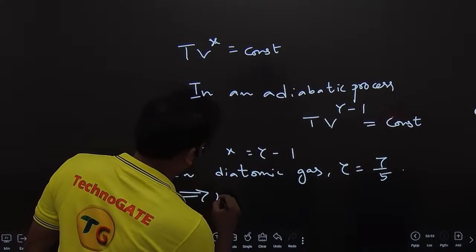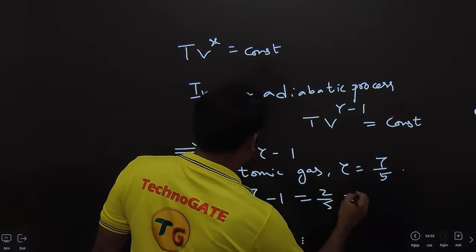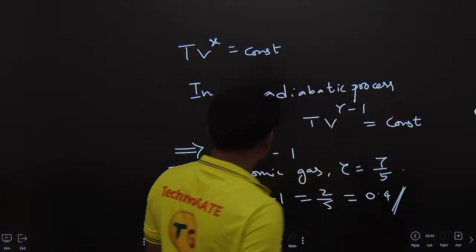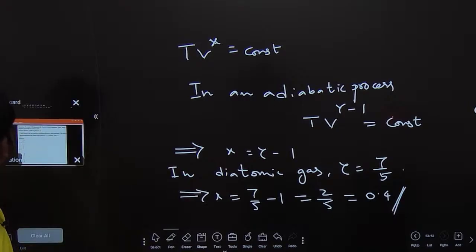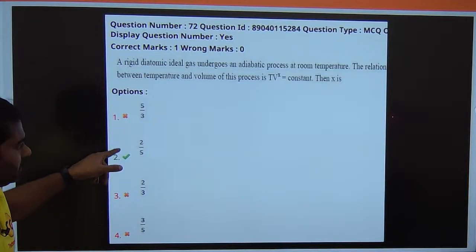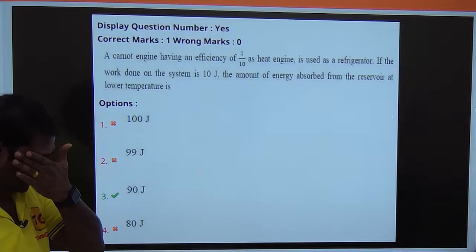So we are getting the x value as 7/5 minus 1, which is 2/5. So the x value is 0.4. That's how we need to solve it. It matches with option number 2. Great. Last 3 questions.